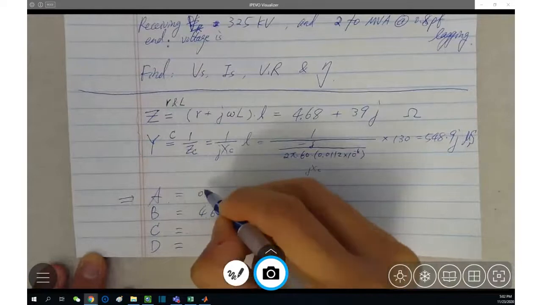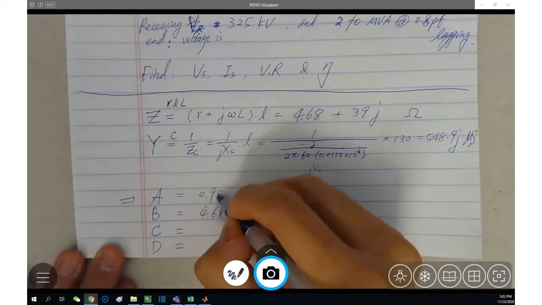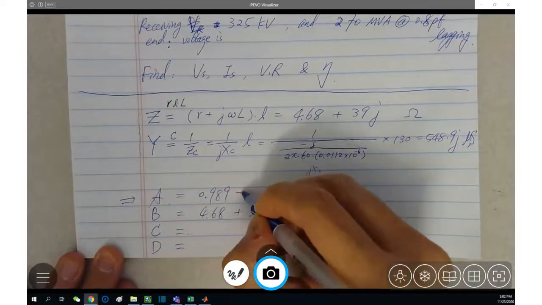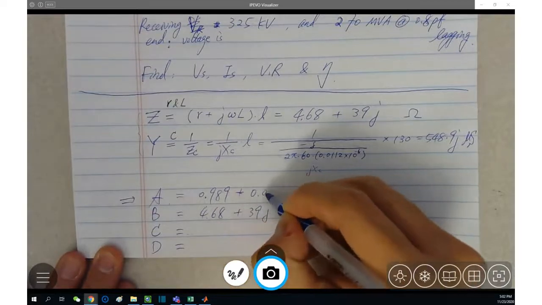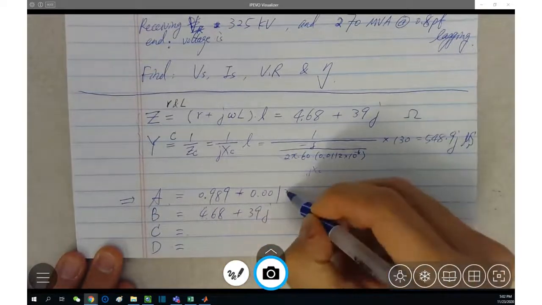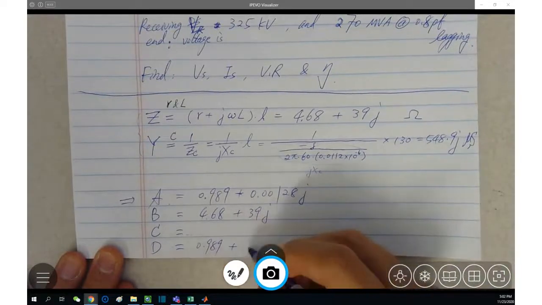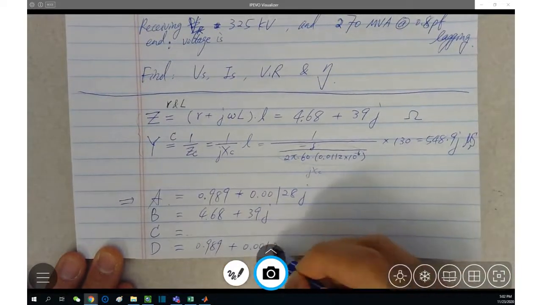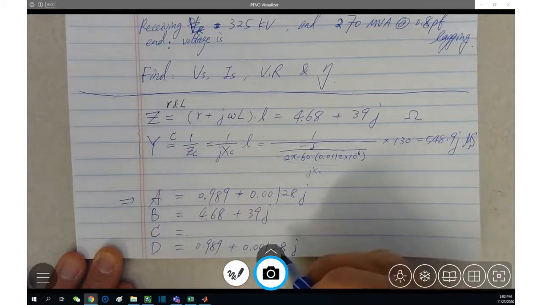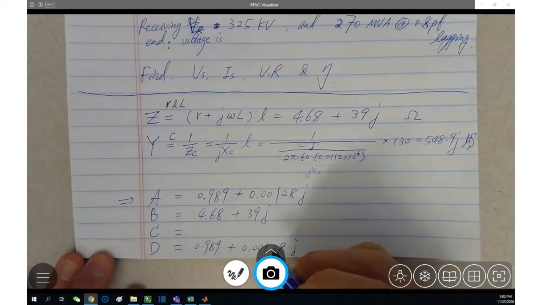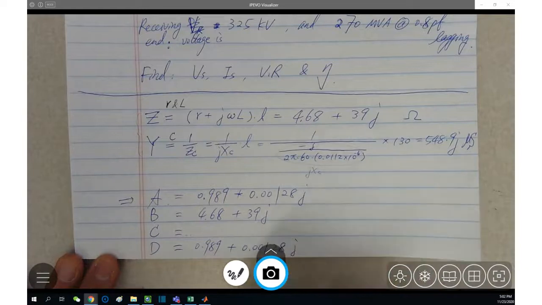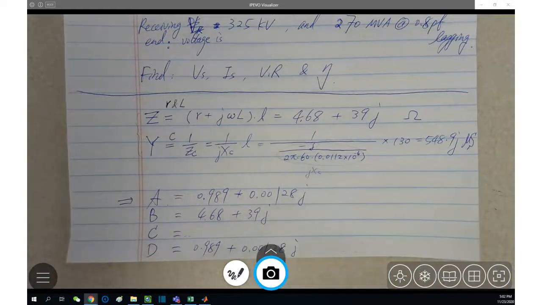0.989 plus j0.00128. D is obviously the same. C equals to, well, C is very troublesome, unfortunately.